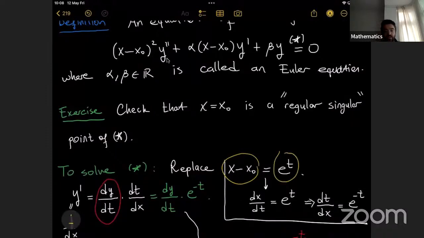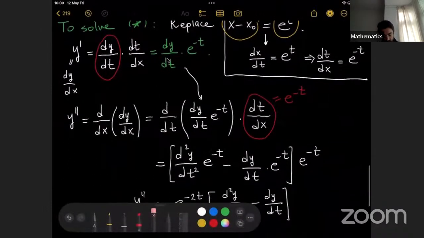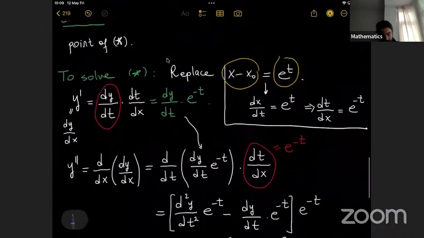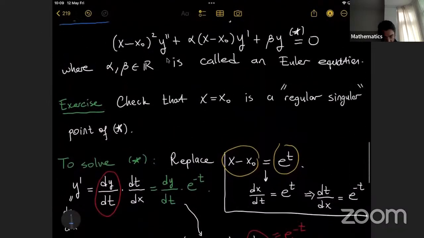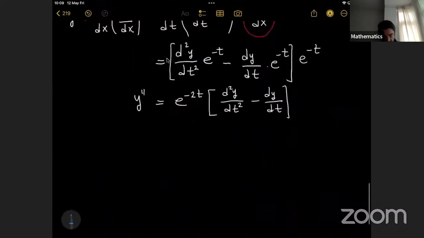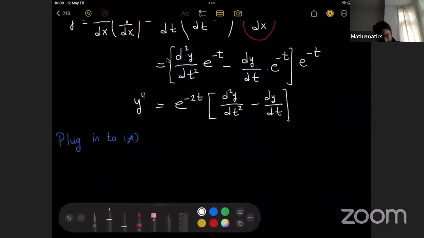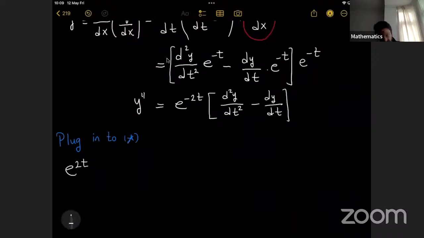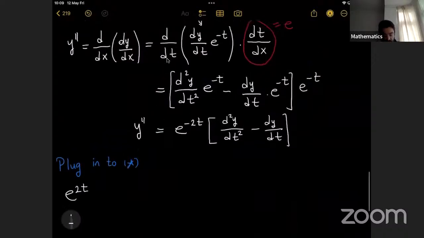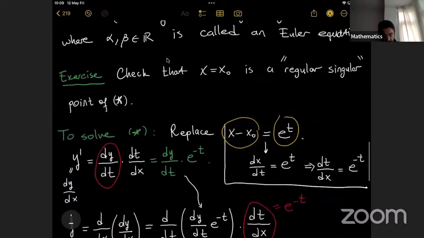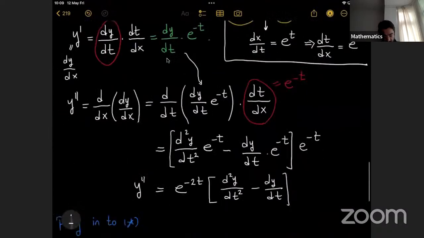So when you take the square, it's going to be e to the 2t. So let's call the equation star, and plug into star. It's going to be e to the 2t, this is x minus x0 squared, times y double prime. Y double prime is here.